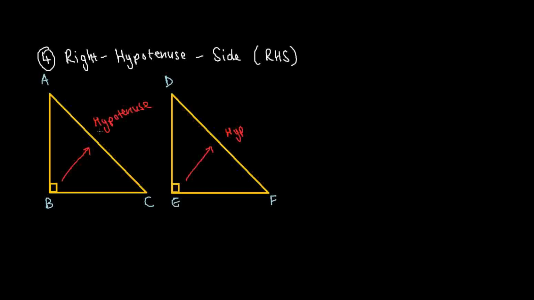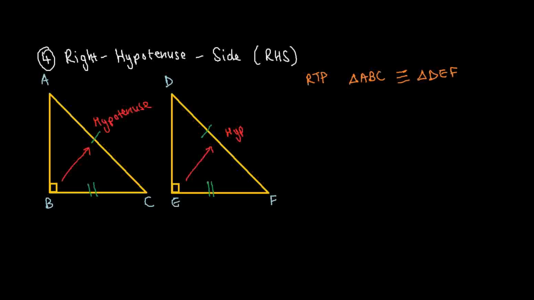So I'm given this information, right? I'm given this information and I'm required to prove that triangle ABC is congruent to triangle DEF.